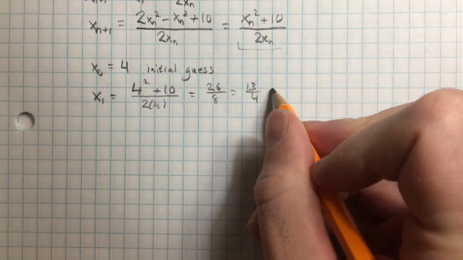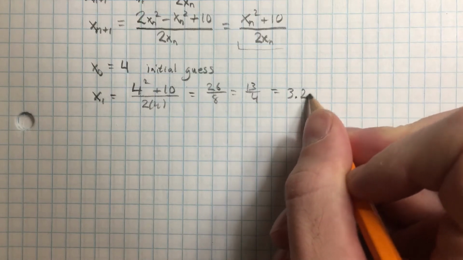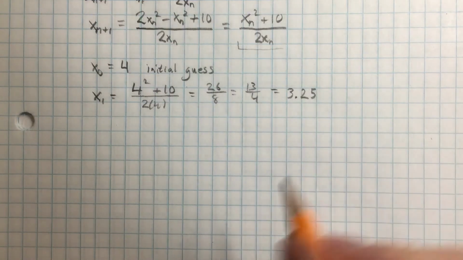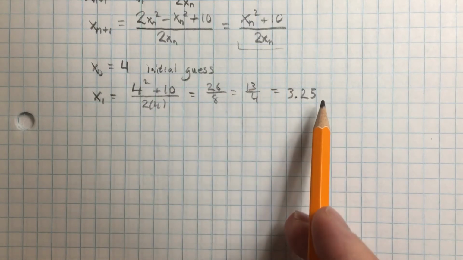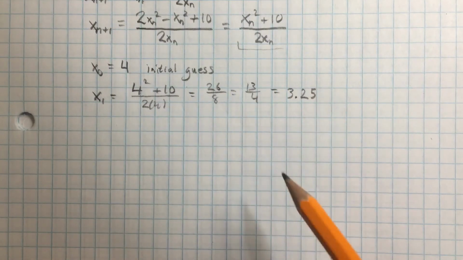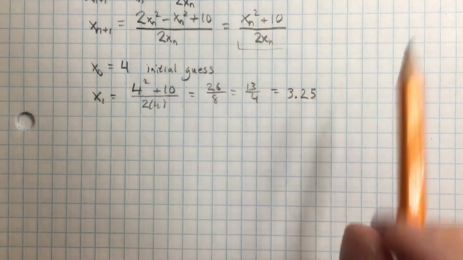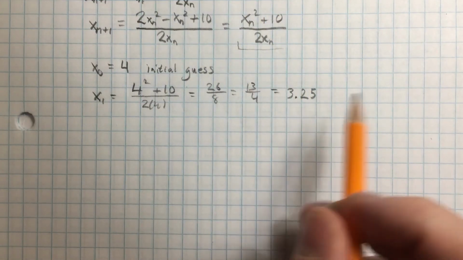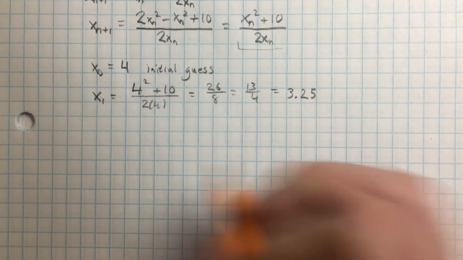Write it as a decimal, it's pretty obvious, it should be 3.25. All right, so we went down a little bit from 4, our initial guess, to 3.25, which is certainly closer to the root of 10. But it's probably not within 4 decimal places because this terminates at 2 decimal places, so we need to go a little bit further.